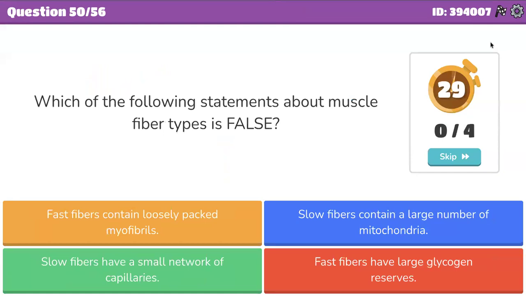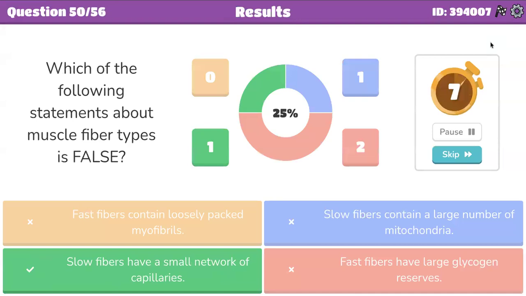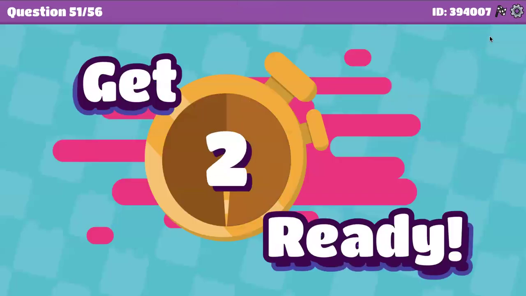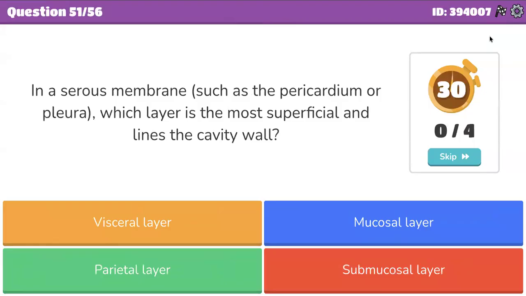Which of the following statements about muscle fiber types is false? Slow fibers have a small network of capillaries. That's why they're more red. Like a lot of cows, you see them, they're like really slow, and if you cut into them, they're red because they have a lot of capillaries.